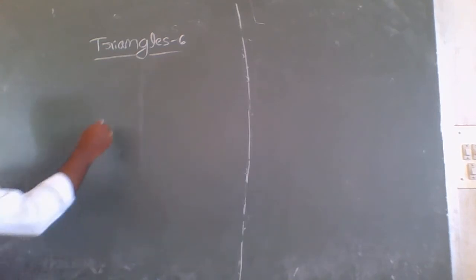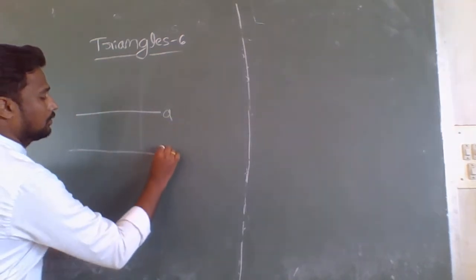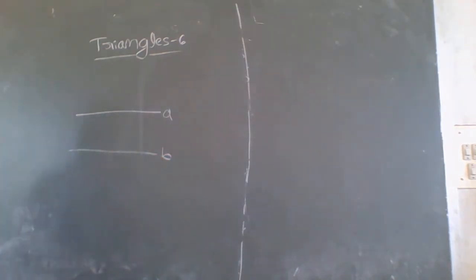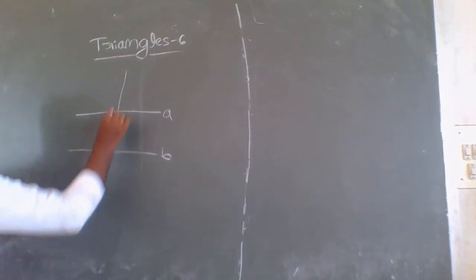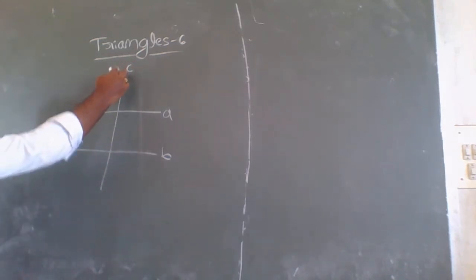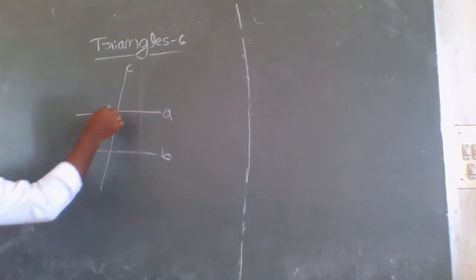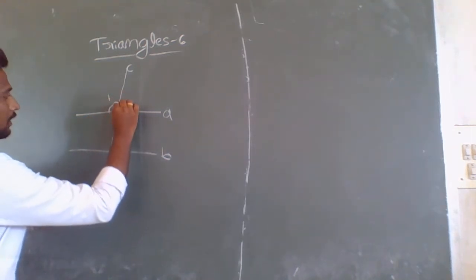Here, for example, consider two parallel lines A and B, and an intersecting line C. So this line C is intersecting the parallel lines A and B. When it intersects, there are different angles.